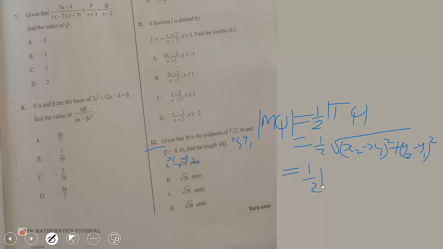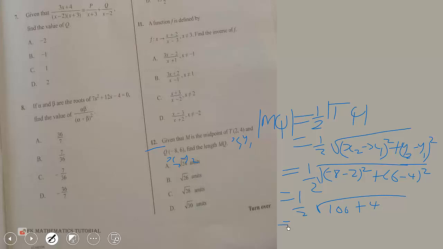So we have the square root of (negative 8 minus 2) all squared plus (6 minus 4) all squared. That gives half of the square root of 100, since negative 10 squared is 100, plus 2 squared, which is 4.